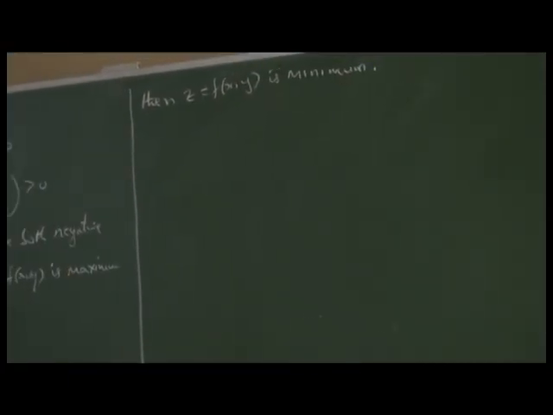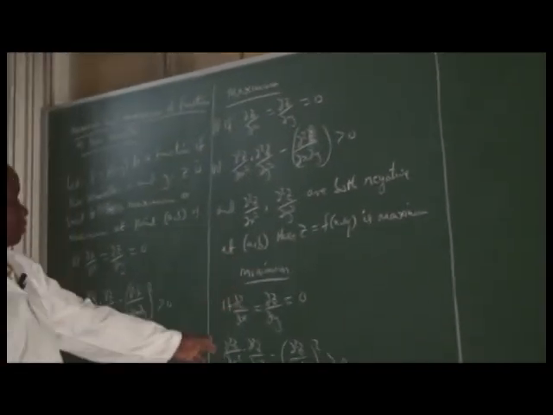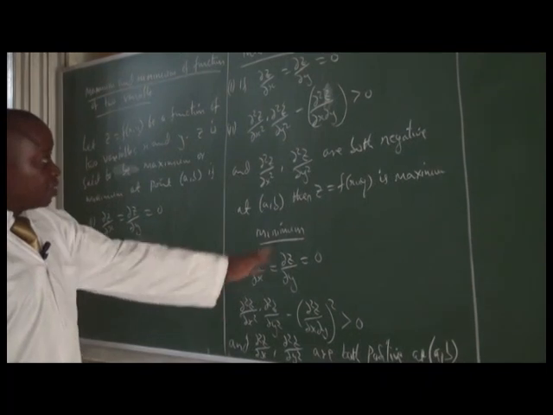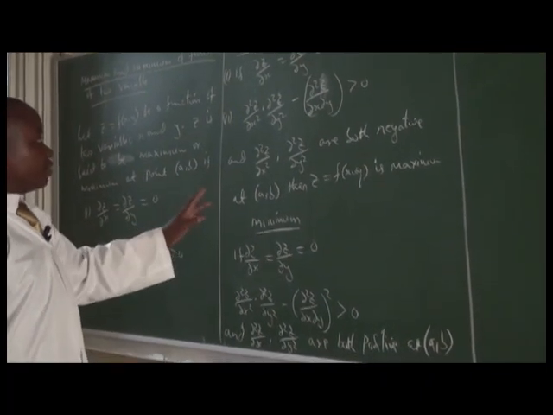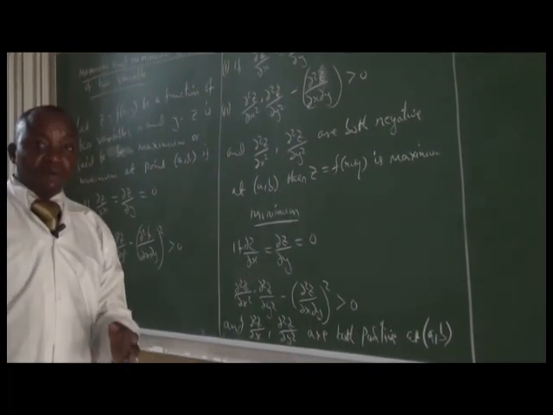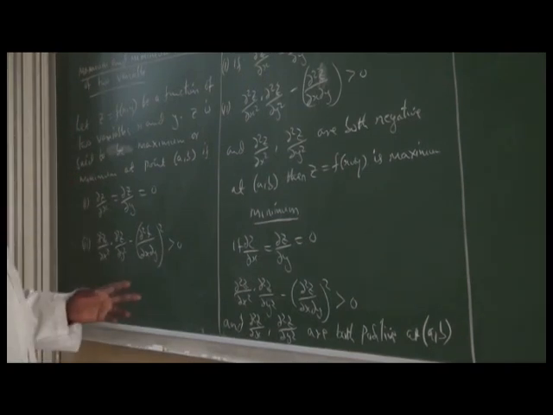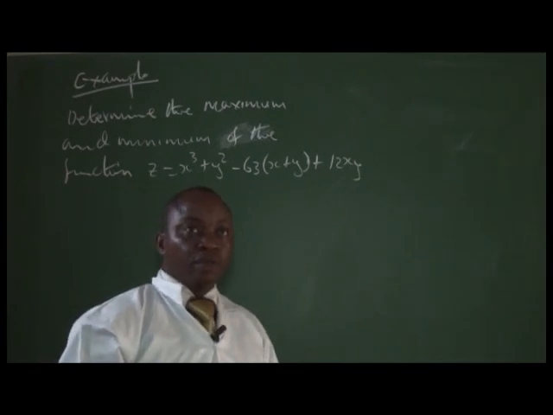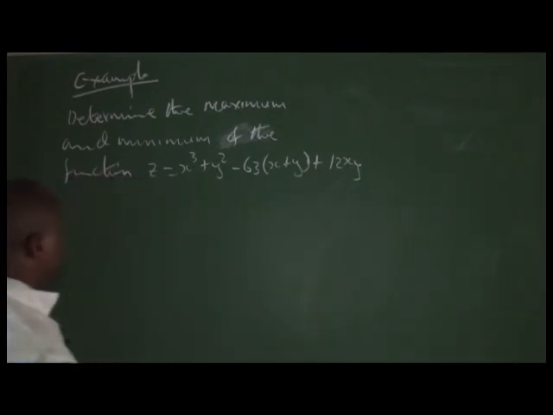All right, so to apply this condition, we want to take one example and demonstrate how we can find the maximum and minimum point of a function of two variables. Okay, so let's look at this example.